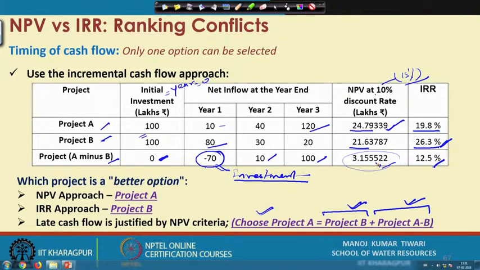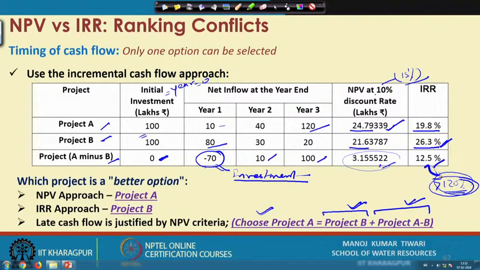So up till this point the project can be considered, but when my expected return exceeds this 12.5% value, then the late cash flow, or the imaginary investment and the cash flow received on it, is not justified at a return rate greater than this.